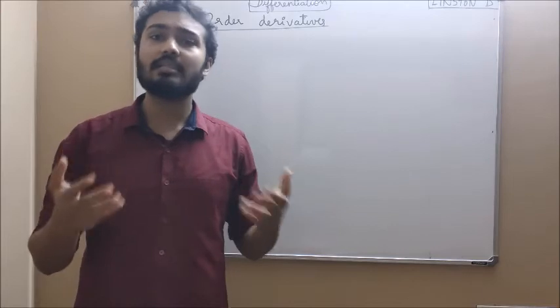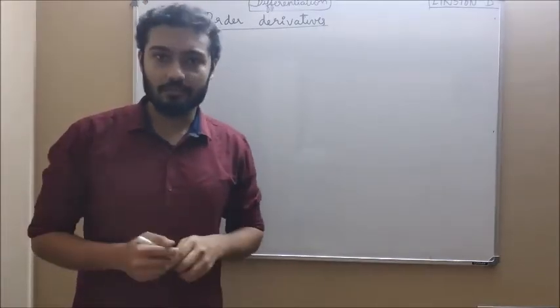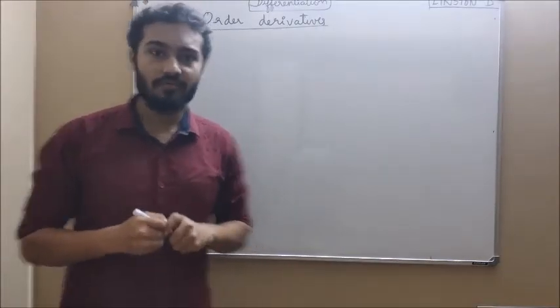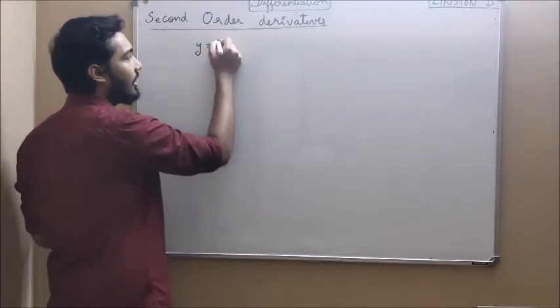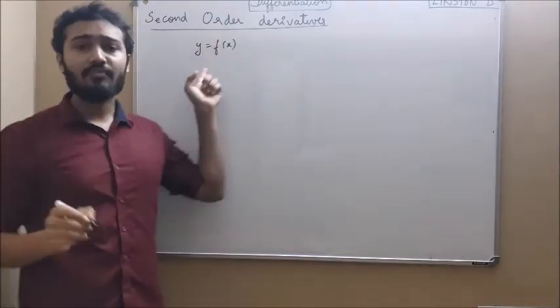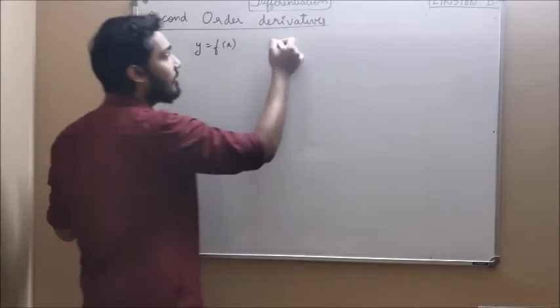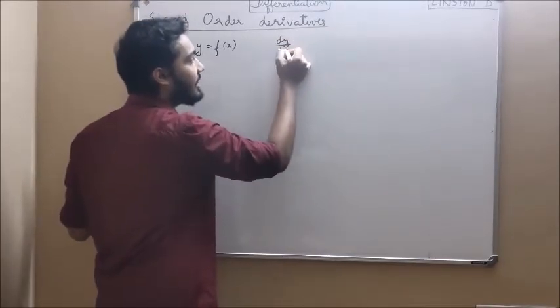You have already learned the derivative. So what is a derivative? If there is a function y equal to f of x, then we have learned the derivative dy by dx.